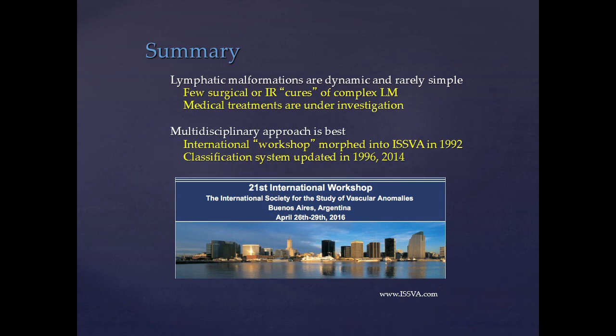We have plastics, derm, ENT, the whole gamut of people involved who have a lot of experience, and I think that really helps because very rarely do we see simple macrocystic lymphatic malformations, at least in our center. Most of the time they're complicated or they're combined lesions, they're mixed lesions. And so these really take a combined approach.